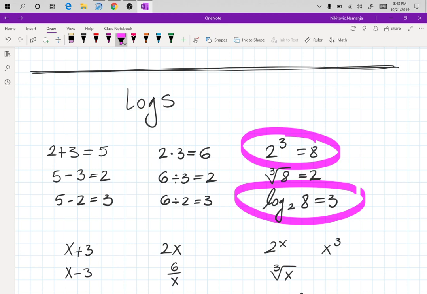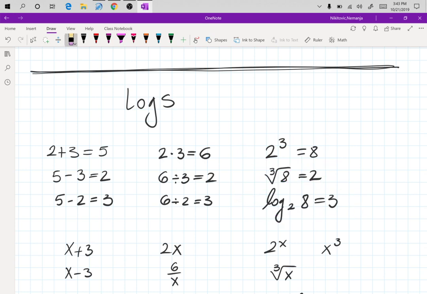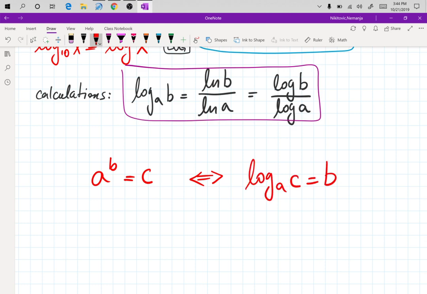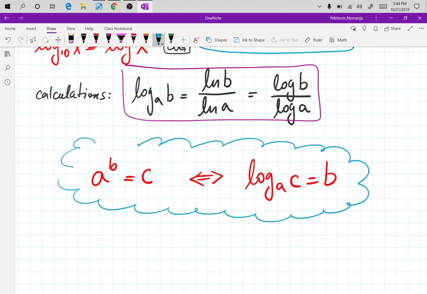So if you carefully observe these two lines, you can write the conversion factor between the two worlds, the world of exponential and the world of logarithmic, and that is going to be this formula: A to the B equals C converts into log base A of C equals B. This is very important, because this is the formula that is used to solve your logarithmic and exponential equations.